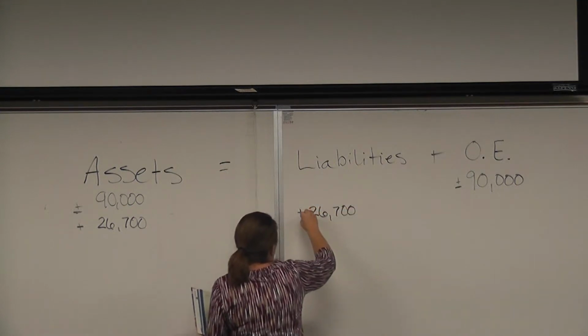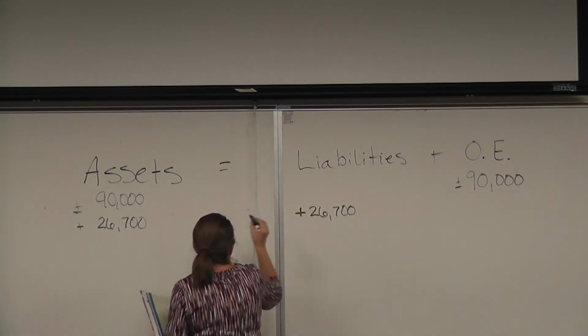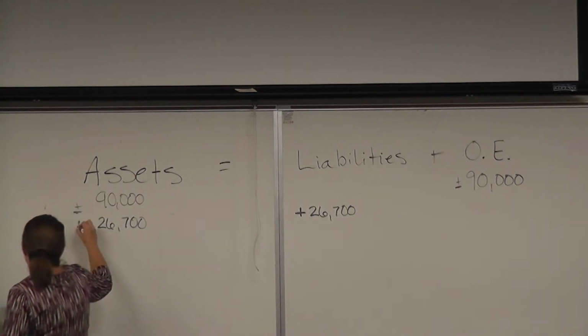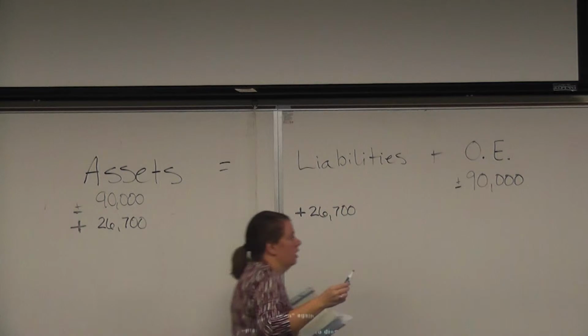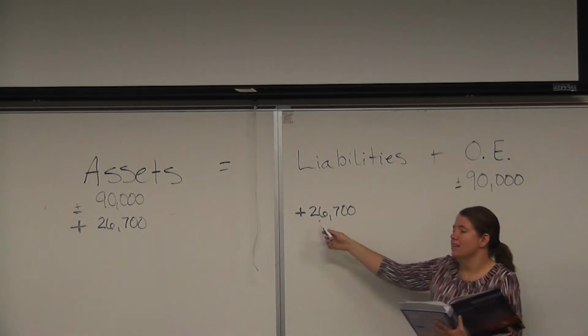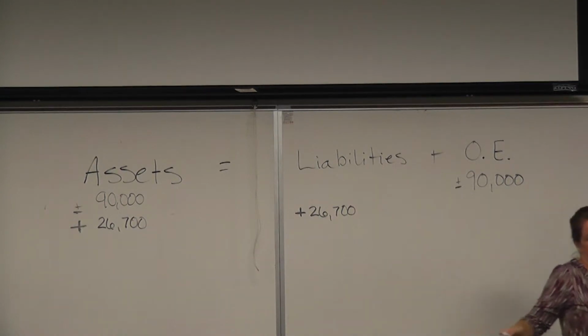So we have a plus sign on both sides of the equation. A lot of questions I got was, why isn't this a negative? Liabilities are a negative. That account balance is getting bigger. You owe more money.